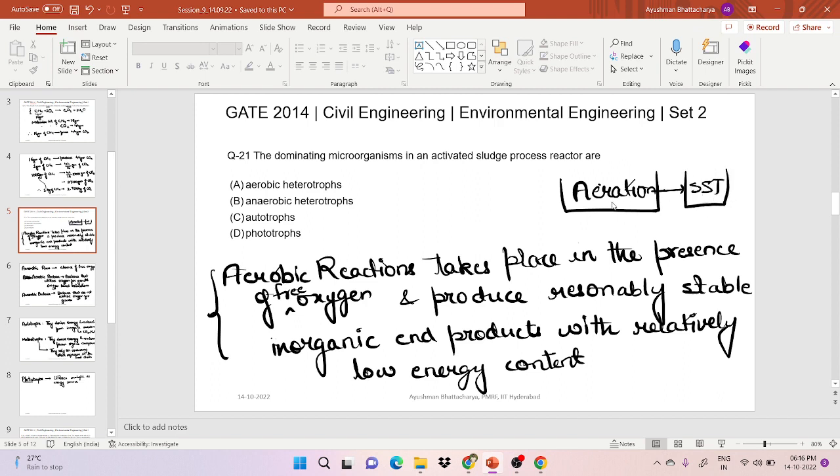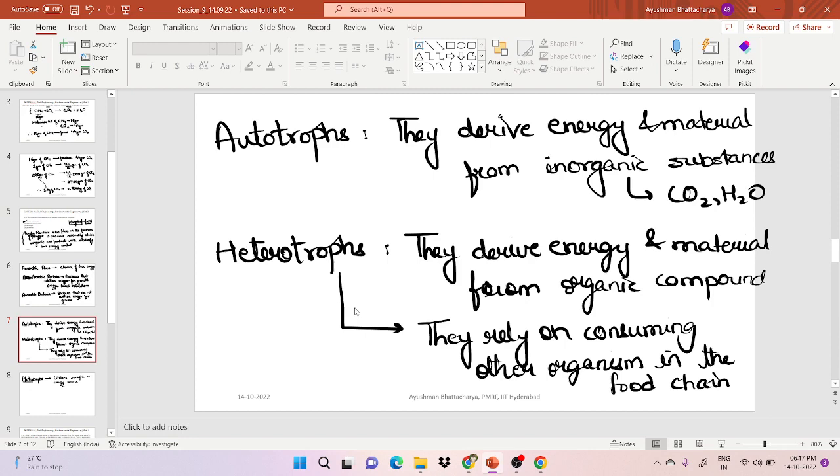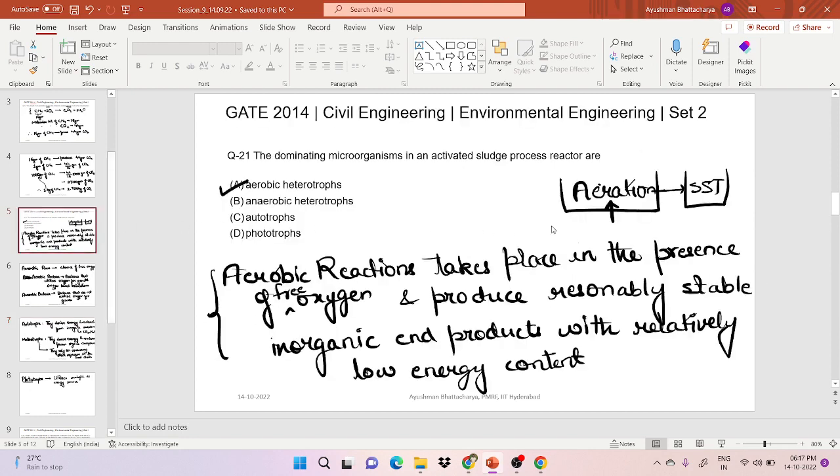So obviously oxygen is there, so it will be aerobic and heterotroph, because heterotrophic organisms rely on consuming other organisms of the food chain. They consume organic matter. So the dominating microorganisms in ASP are aerobic heterotrophs. Option A is correct.